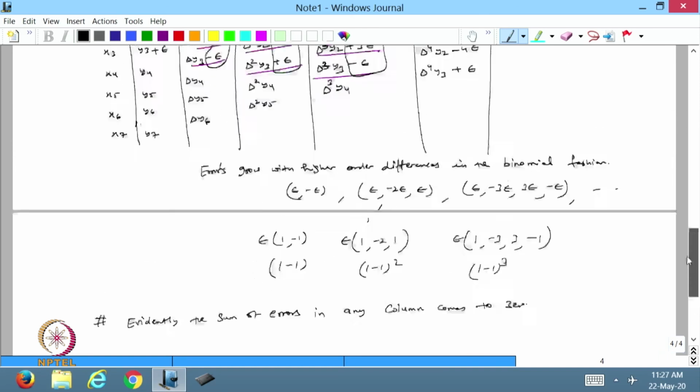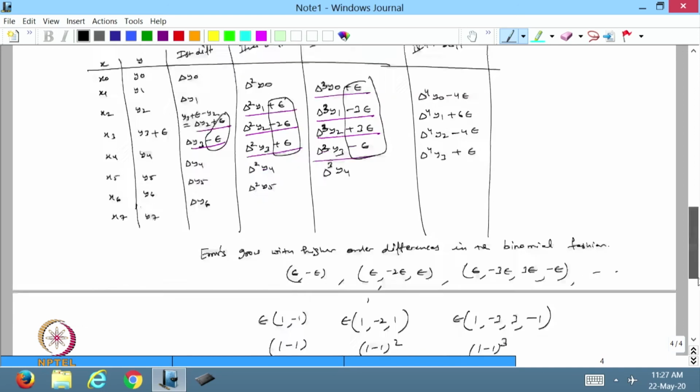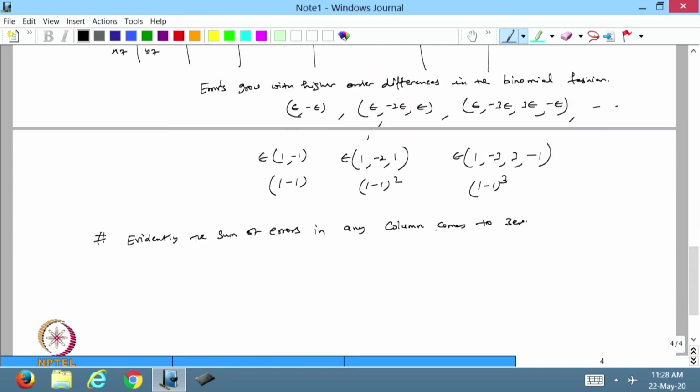So, if I choose any column and add the error, so plus epsilon minus epsilon 0, plus epsilon minus 2 epsilon, so that will be 0. So, if I choose any column and add all the errors, so that comes to 0. So, that is another property of the finite difference table.